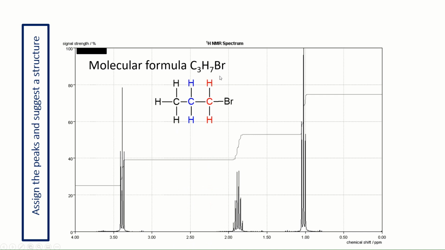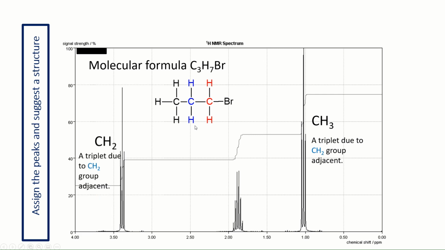So, you're now back. If you note, herein, we have the triplet due to that methyl next door to these CH2s. Then we have this triplet due to this highly deshielded CH2 next door to these 2 protons.